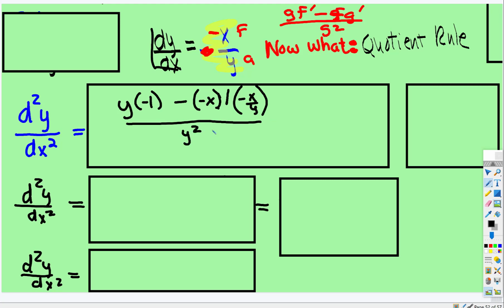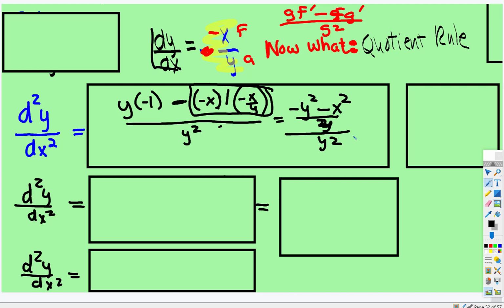And then we're going to simplify this. So nothing cancels here, but this side right here has a denominator of y. This doesn't. So we have to multiply top and bottom by y. So now we have negative y squared, subtract negative times negative is positive, so positive x squared, all over y, all over y squared.